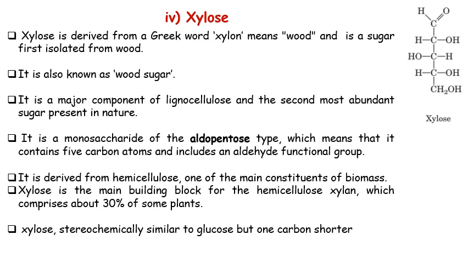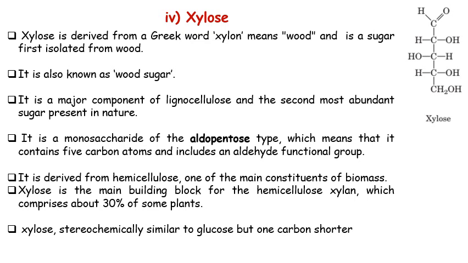It is the major component of lignocellulose, and like cellulose it is among the most abundant sugars or polysaccharides in nature. First is glucose, and the second most abundant in nature is cellulose. So it is a major part of lignocellulose as well.